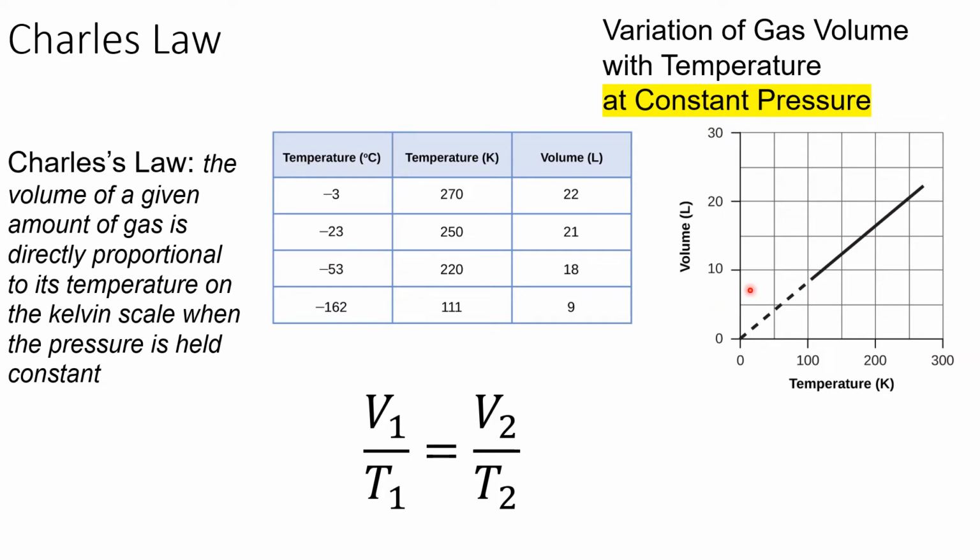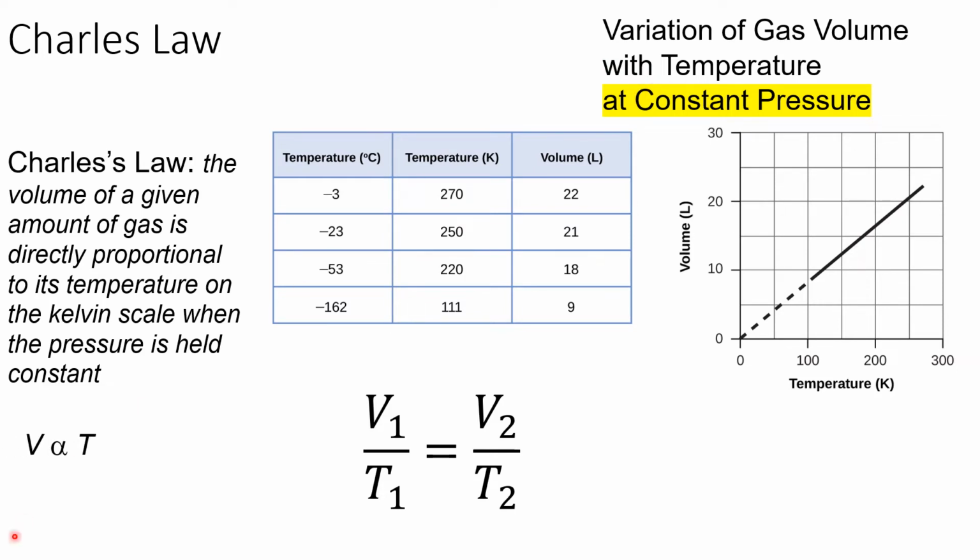Don't be confused by linear now. Linear doesn't mean that it has to have a slope of 1 to 1. Often it does not. It just means that it has to have some consistent slope. All right? So as you increase temperature, you increase volume, given that you have a constant pressure.